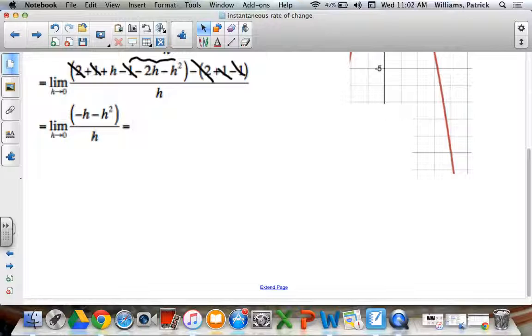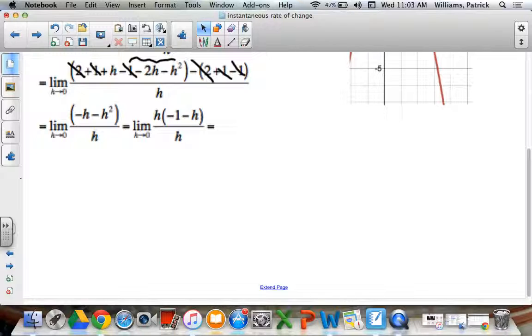So what do you notice about this? Well, when you plug in h equals 0 into this limit, you're going to get 0 over 0, which is bad news. However, there's a little trick we can do. What do we do when we get 0 over 0? Remember the previous subject of limits. We want to find what h value makes that 0 over 0 and remove it. So what we notice is that in the top and the bottom, we can actually factor out an h.